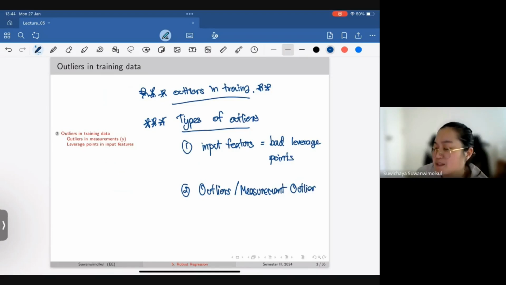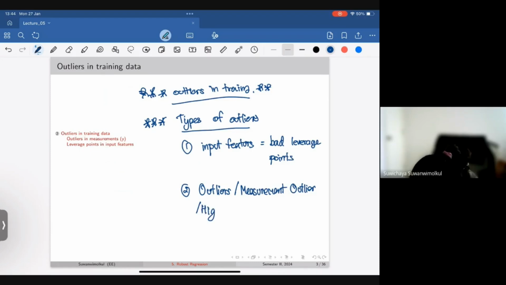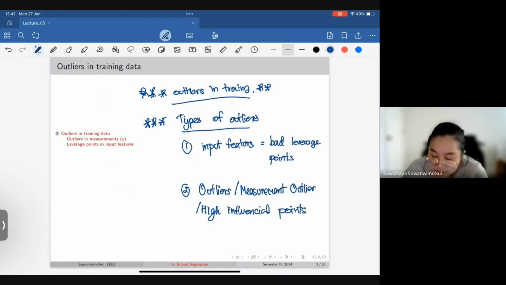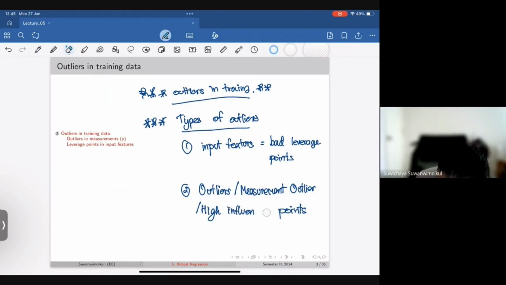Or sometimes in some slides, they may call it high influence points.